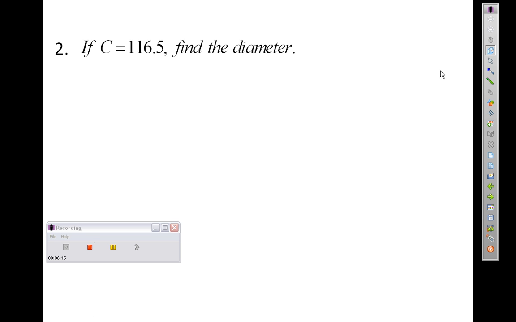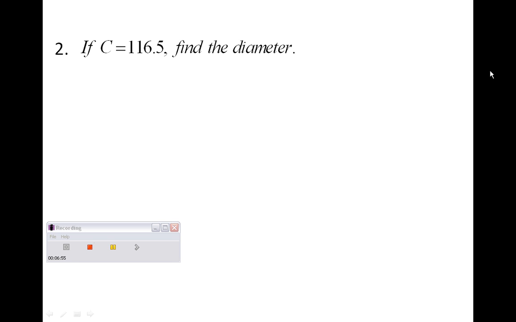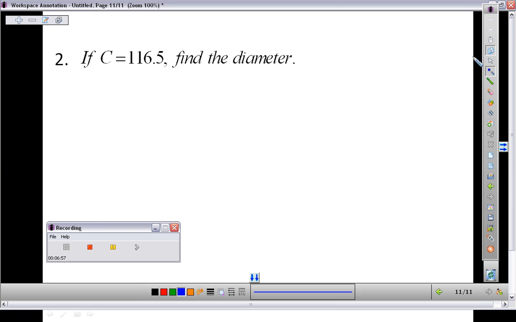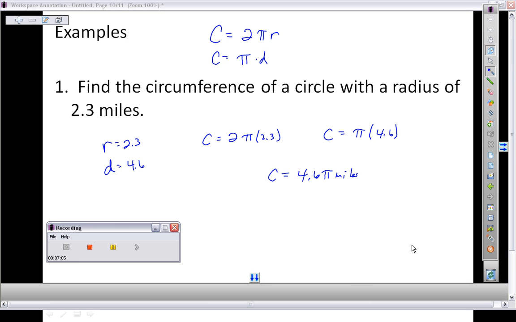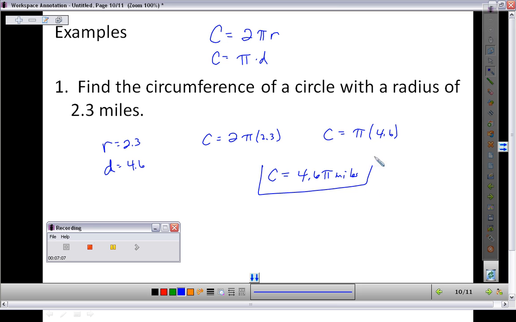Number 2. This time I've given you the circumference of 116.5. I want to find the diameter. Another thing we've talked about in our 3D figures is we want to be exact. So I'm going to go back to the previous example real quick. This 4.6 pi miles is the exact answer.